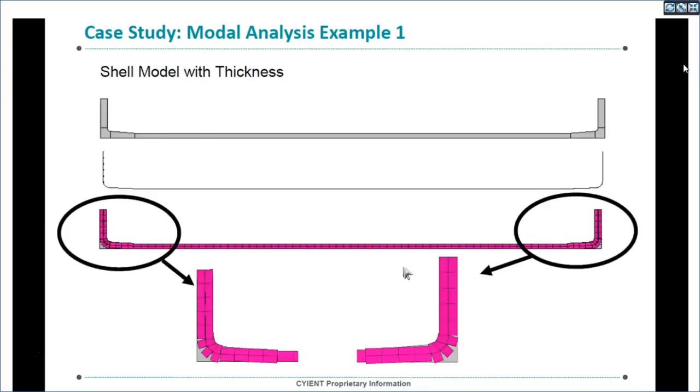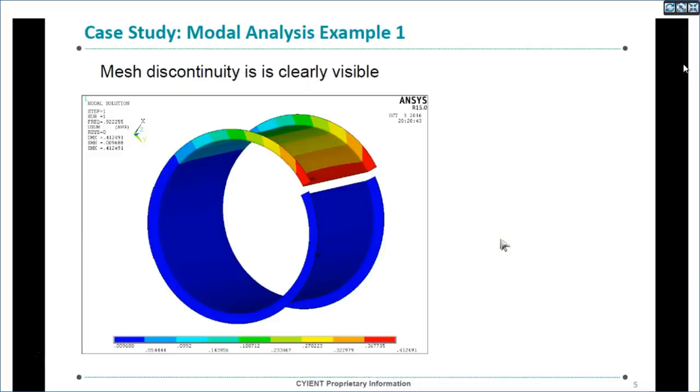So we performed the modal analysis of this component by constraining the case at this end, and we observe there is an opening here. Okay, and we got a very low frequency, 0.9. It's almost 0.